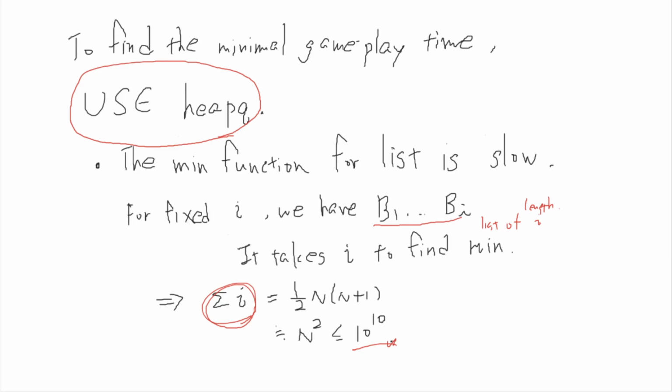So you may get TLE, so it's not good. Using the min function for a list is not recommended. Instead, use the heap queue data structure.